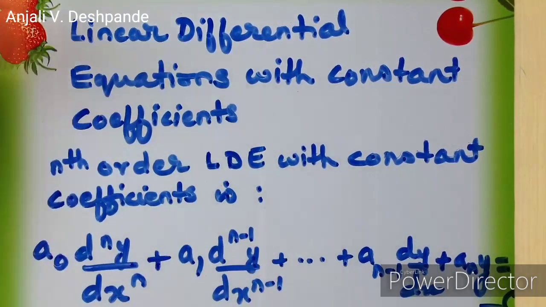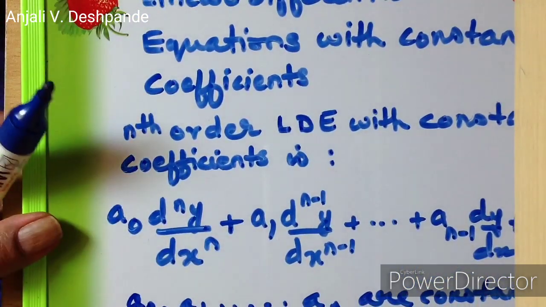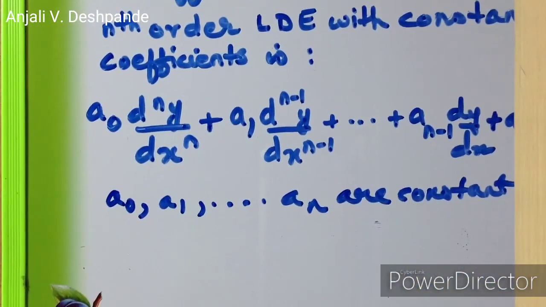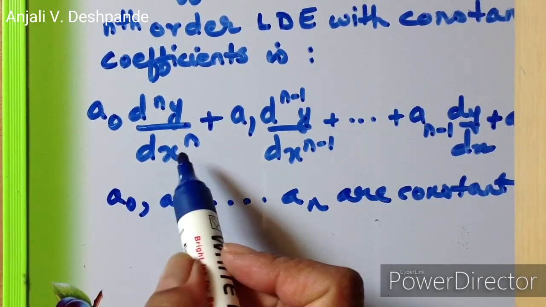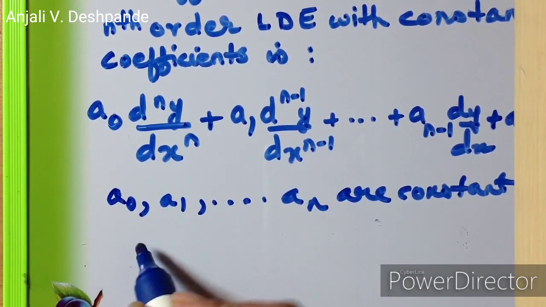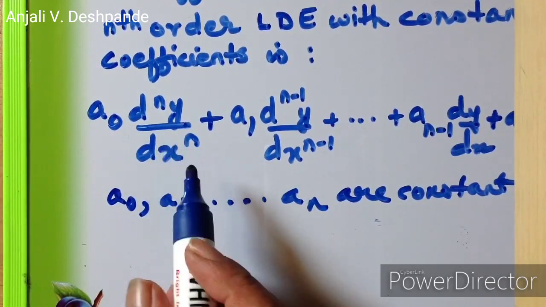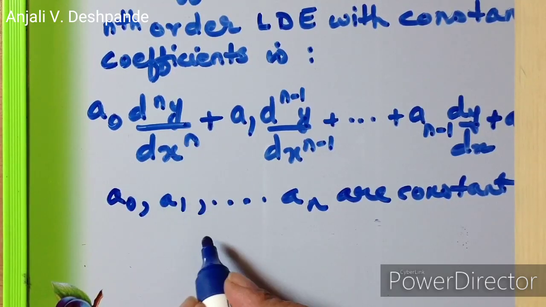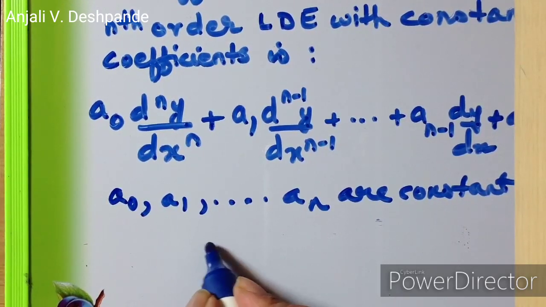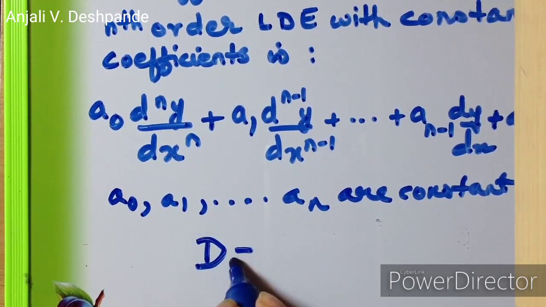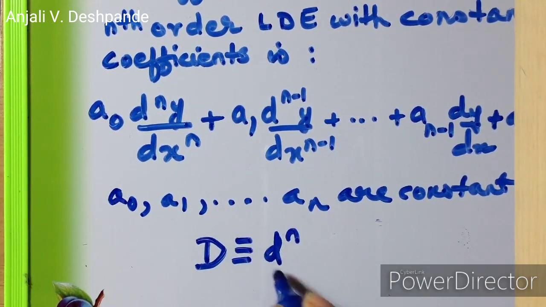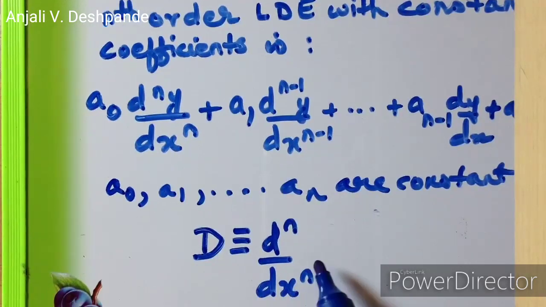Okay, now this equation which we have written over here can be simplified a little bit. In place of writing d raised to n y divided by dx raised to n, we will use one operator which is called capital D, and this operator is equivalent to d raised to n by dx raised to n.